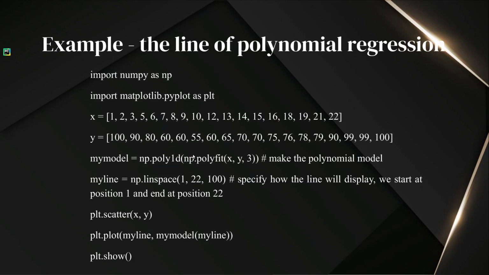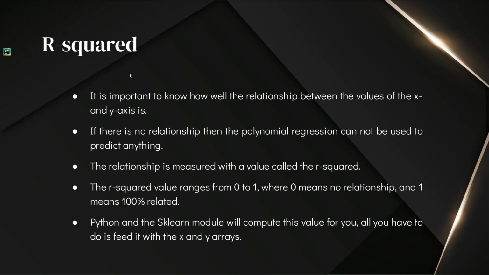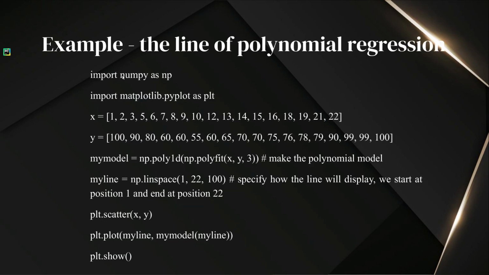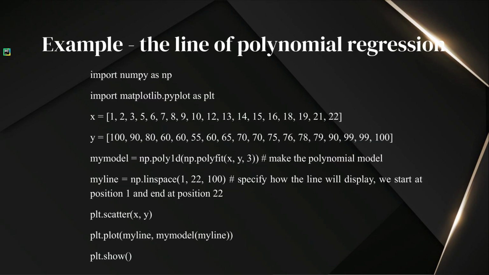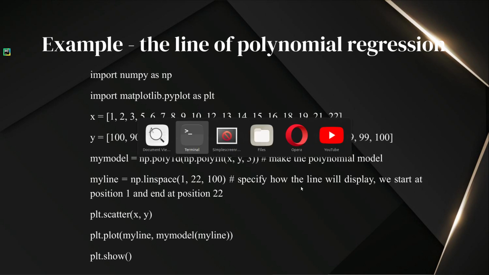Now let's import the numpy package and make the polynomial model. We will specify how the line will display. We will create a line through these points and then show a scatter plot along with the line.